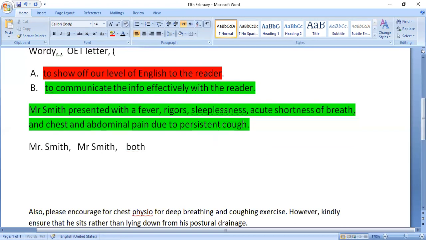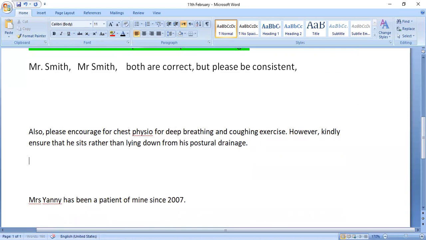Both are correct, but please be consistent with one style. If you want to use one with a dot or without a dot, be consistent. Don't keep using them with a dot in some places and without a dot in others. So don't do this.